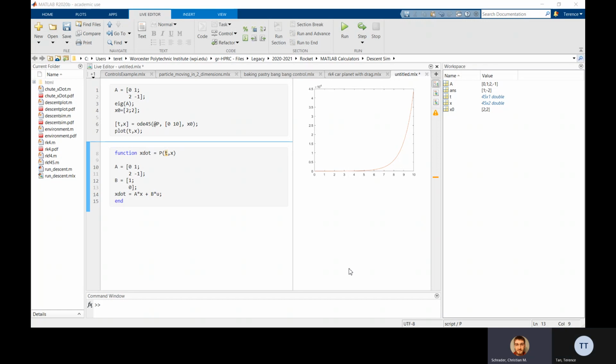It's now R of t equals 1, 1. And if you want it to change over time, you might do R equals 1, 1 times t, and now your set point is following that line.